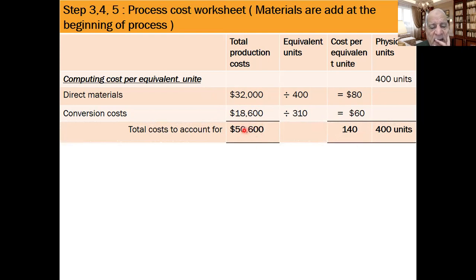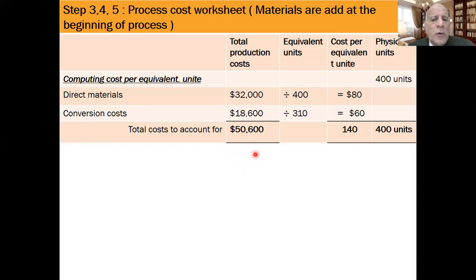These costs are called total costs to account for. This sum must equal the total of the second part of this worksheet.